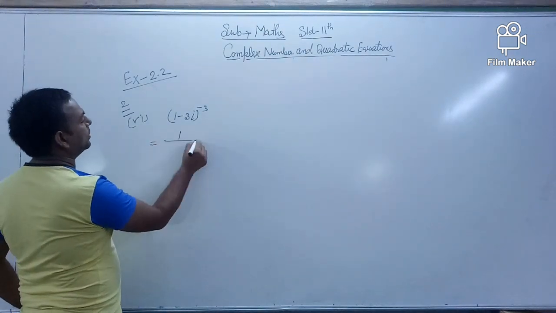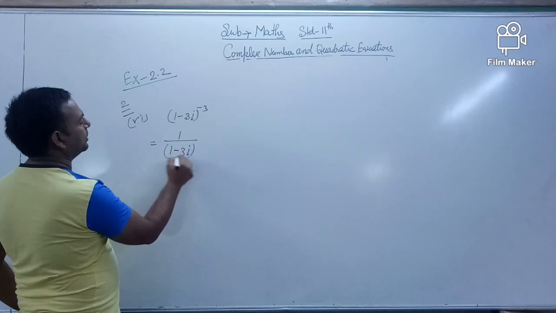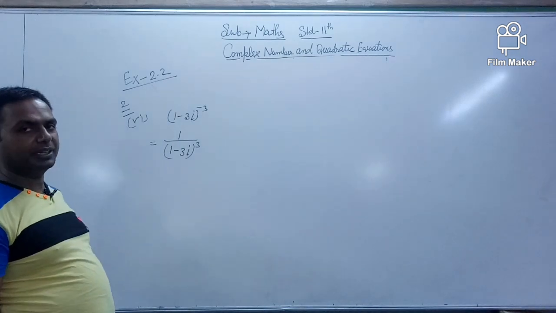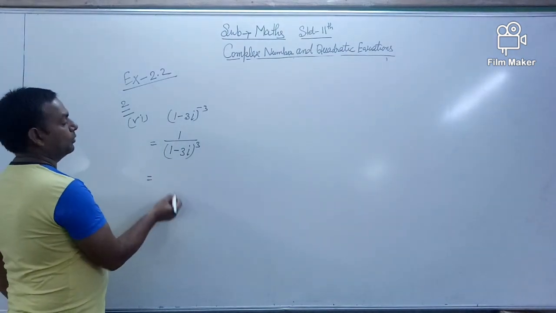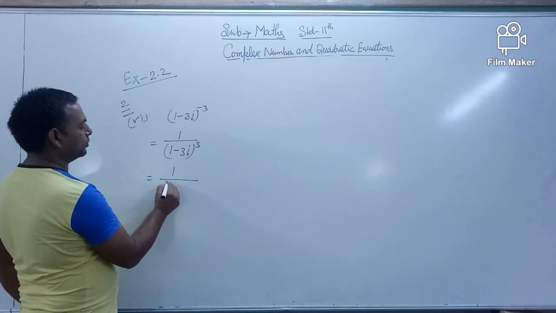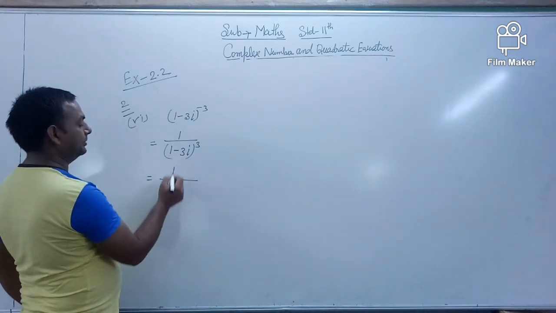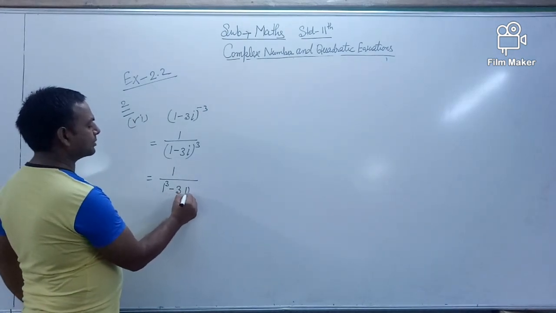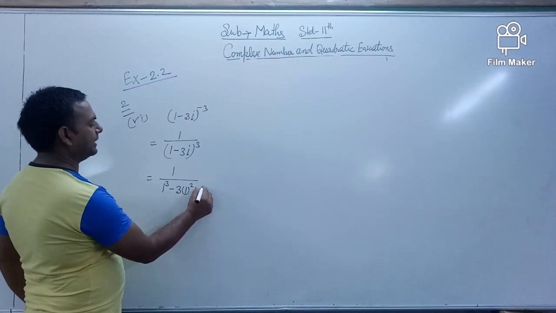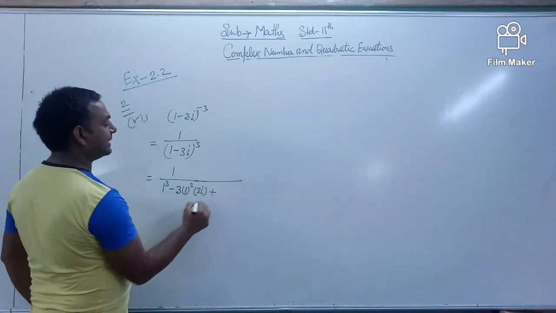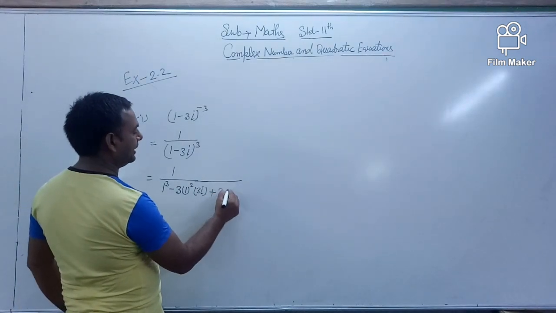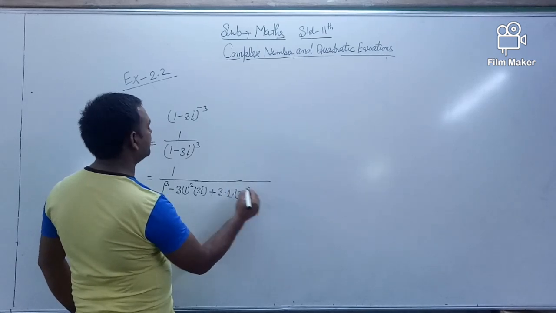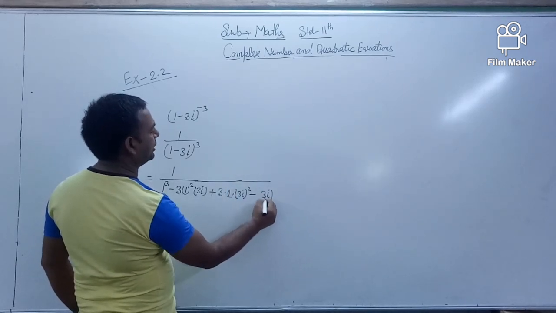So that is equal to 1 upon (1 - 3i) whole to the power 3, because the power is negative, so it goes into the denominator and converts into positive. 1 upon a cube, it means 1 cube minus 3a square b, it means 3i, plus 3ab square, it means 3i square, and minus b cube, it means (3i) whole cube.